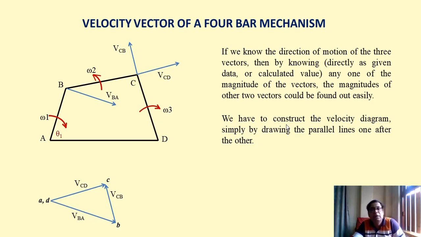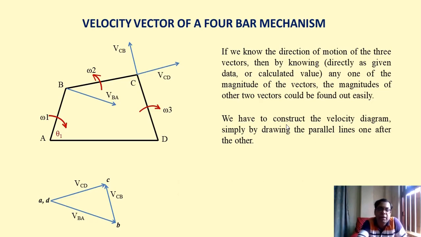So what is the scaling factor over here? 10 meter per second is shown as 10 centimeter. That means 1 meter per second is shown as 1 centimeter over here. So the scaling factor is 1:100. 1:100 scale we are using.